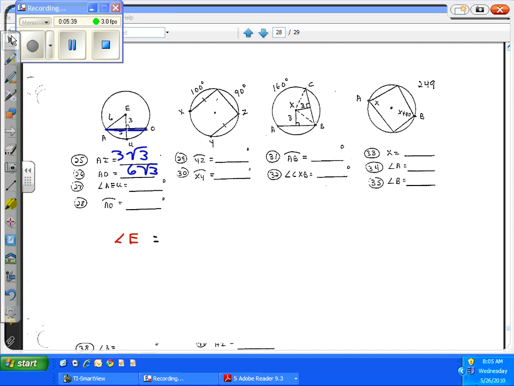And I'm going to look at the sides given and see how they're related to the angle that I chose. And the 3 is the leg adjacent. And the 6 is the hypotenuse. So we chose the angle E. We've got the side 3 and we've got the side 6.